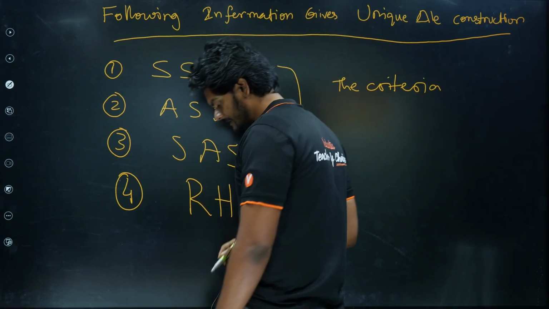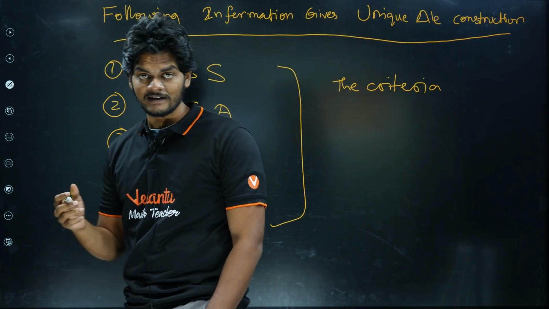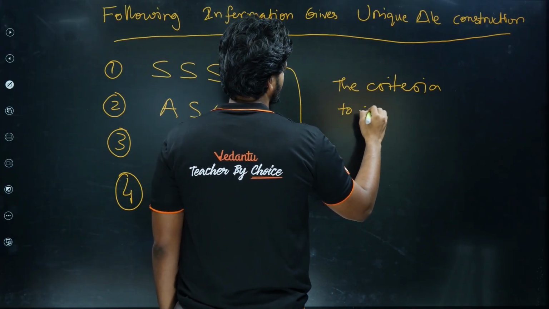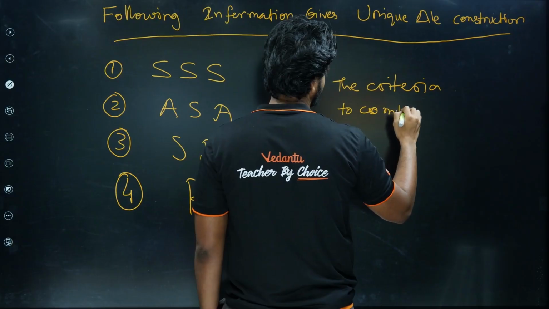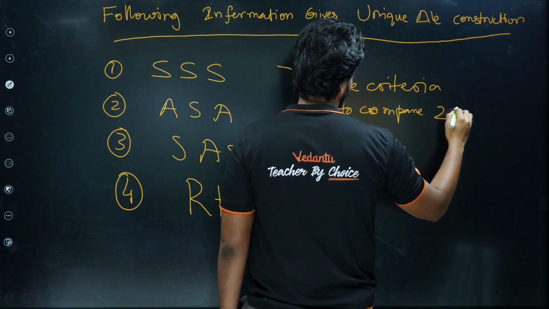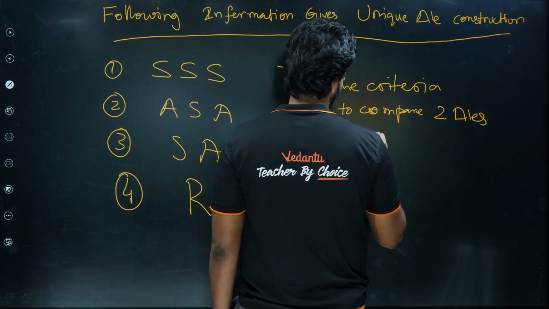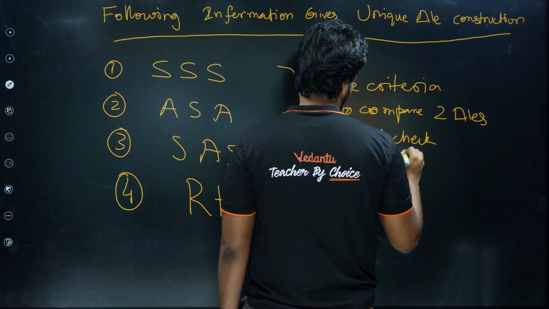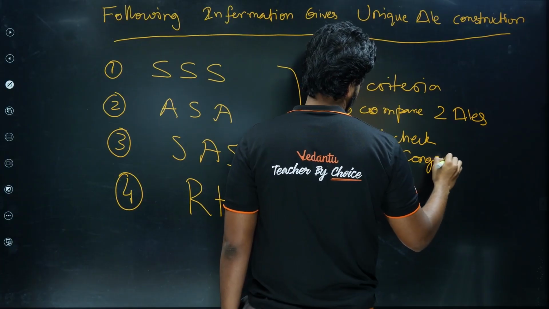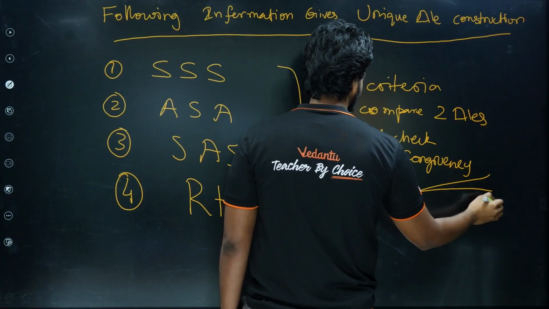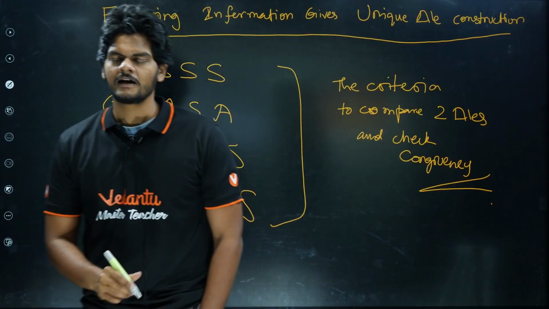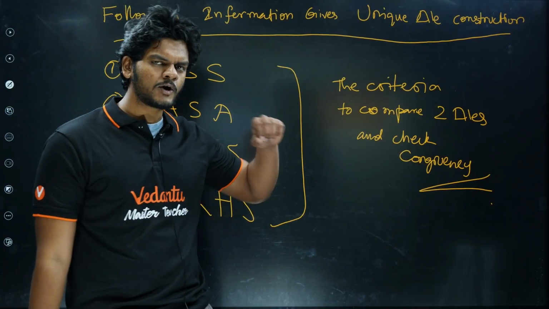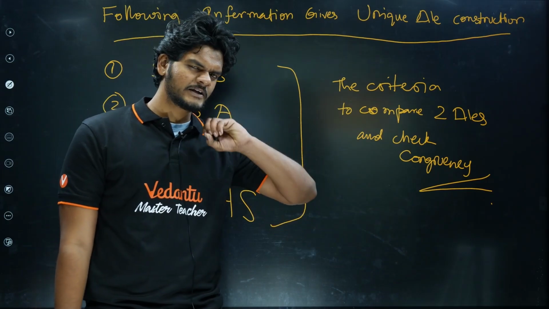Not coincidentally exactly, because of the same reason that we get a unique triangle with this information, they become the criteria to compare two triangles and say whether and check congruency. This is the criteria which tells us whether two triangles are congruent or not. These are the 4 conditions. Now we will talk about the congruency in the next video in a much more detailed manner.